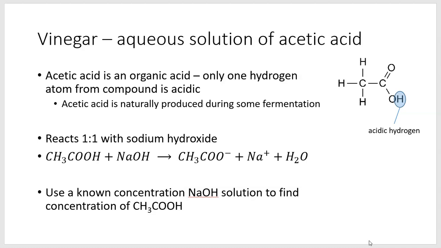And we can see here, over on the right-hand side of the slide, a structure of acetic acid. It has 4 hydrogens, but only one of those hydrogens is actually an acidic hydrogen, which can be donated as an H plus by the molecule.